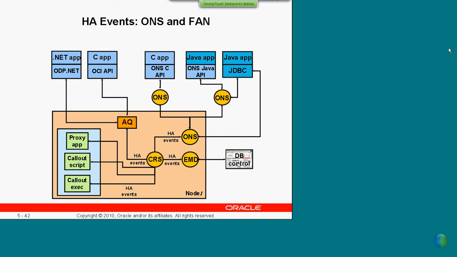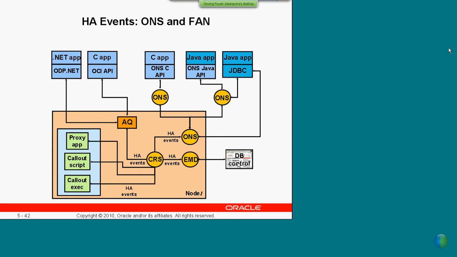Now this is within Oracle, but suppose you have a lot of non-Oracle applications which have to interact with this CRS. So we have two products, which we call AQ and Oracle Notification Service.